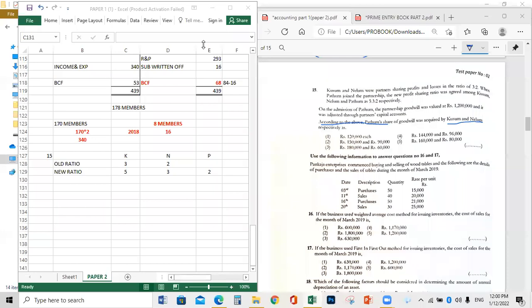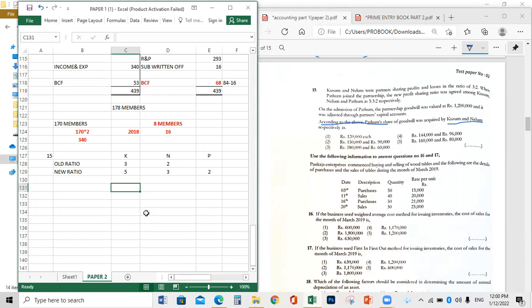So you have to sacrifice some of your capital to the old partners, just because those old partners started the business before you. You are new to the partnership, so it's unfair to keep getting the same profit without sacrificing something. So the new partner has to sacrifice his capital to make it fair.